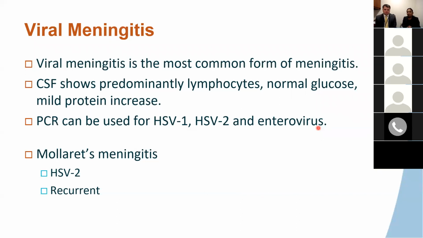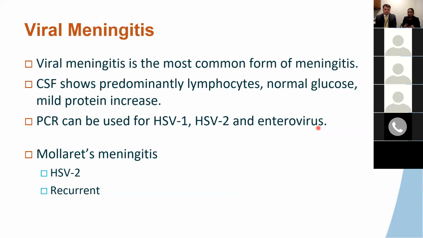So if you are worried about a viral meningitis, the best test to use is PCR in the CSF for herpes 1 and 2. A long time ago, we used to use viral culture in the CSF, and that took many days. PCR will come back within 24 hours.